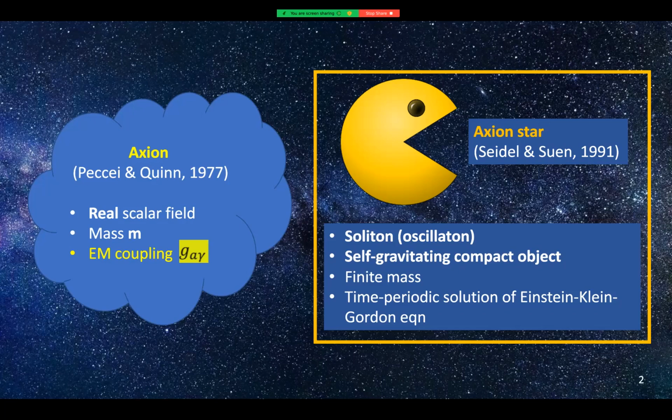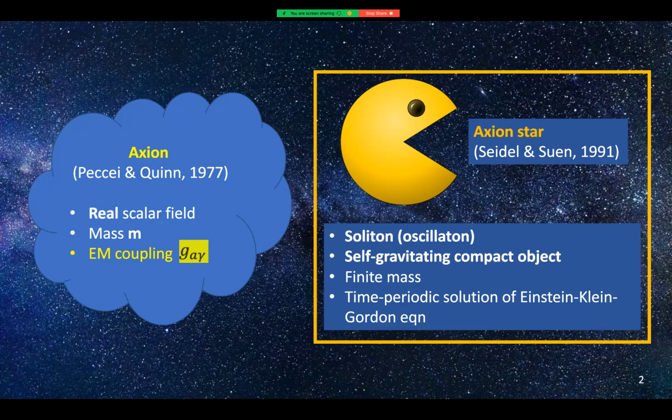And if you're wondering how we can form these kinds of objects, if we want to look at compact stars, and I'm going to come soon to why I want to look specifically at compact stars, you essentially need some field fluctuations in the real universe that then will cause a collapse into these kinds of stars. If you know anything about primordial black holes, the formation mechanism is quite similar.